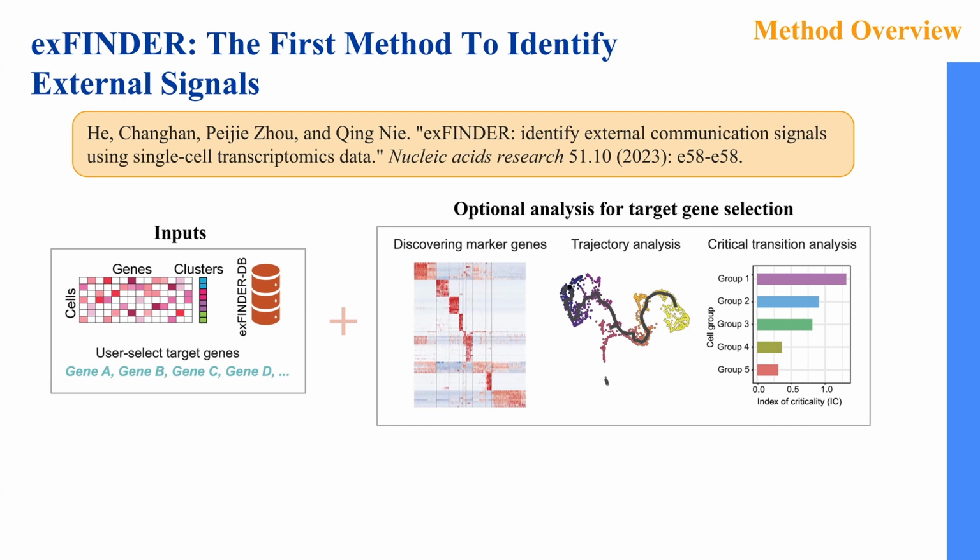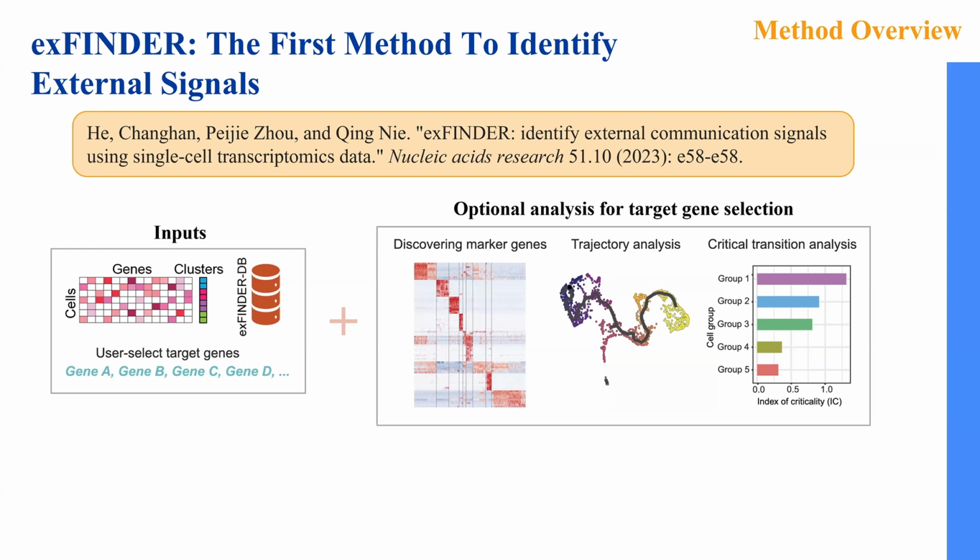If you're interested in the activation of one particular cell type, you can use the corresponding marker genes as the target genes. You can also do trajectory analysis, and if you're interested in a specific group of cells along the trajectory, you can use the highly expressed genes of that group as target genes.